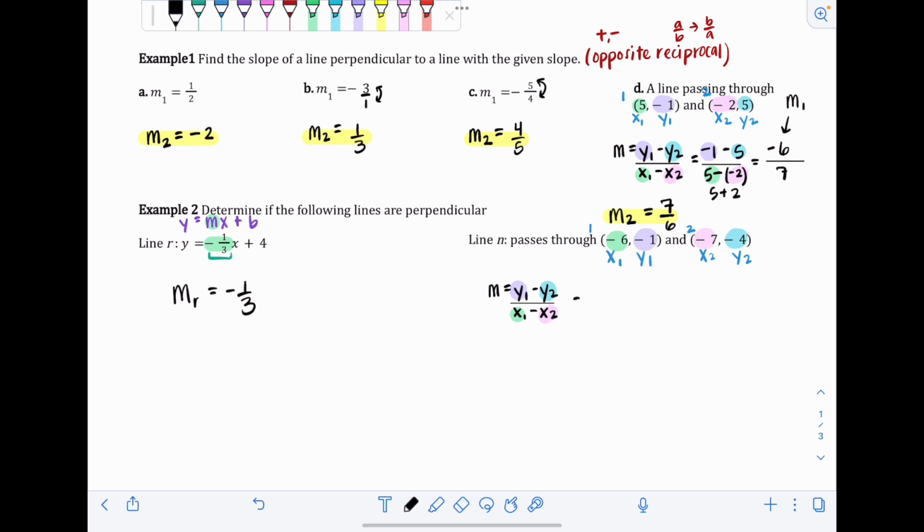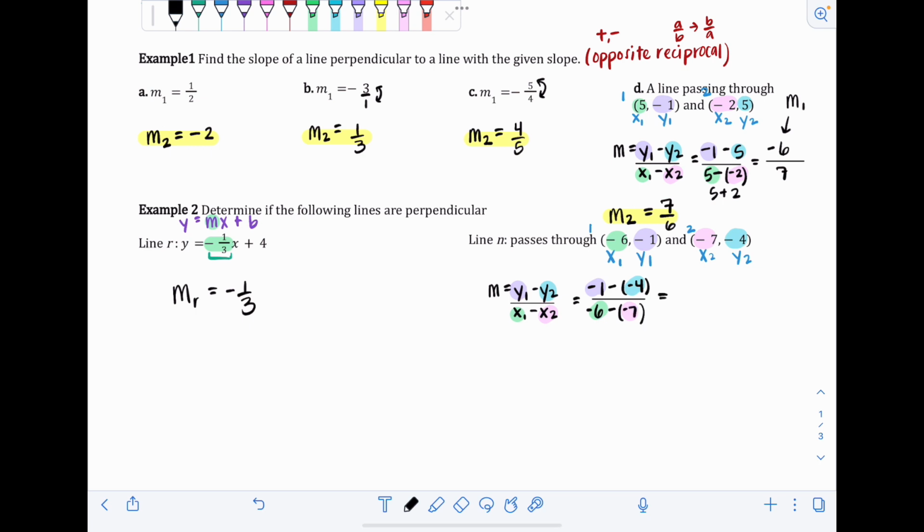This would be a good one to pause and test yourself if you feel comfortable, and then play through the video to check your answer. So y1 was negative 1, and then minus y2, which was negative 4. So negative 1 minus negative 4. And then x1 was negative 6, and then minus x2, which was negative 7.